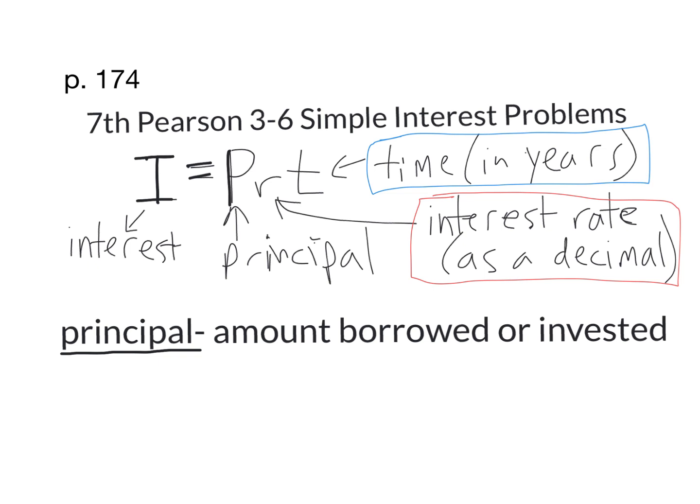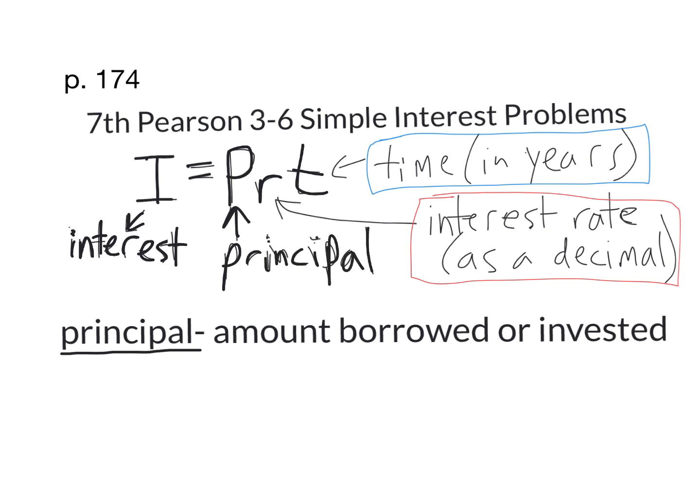So the formula we're going to be using for simple interest is I equals PRT. I stands for the interest, which is the money that they're giving you. P stands for the principal.